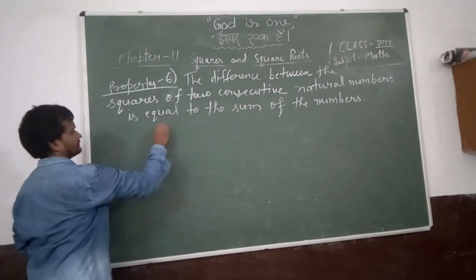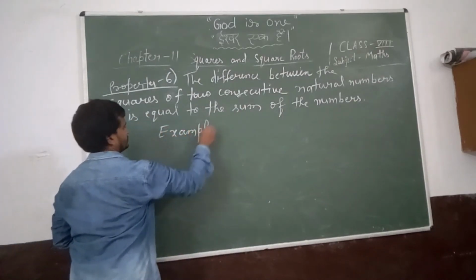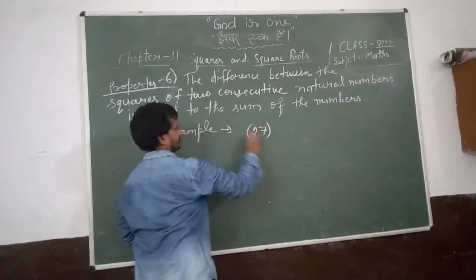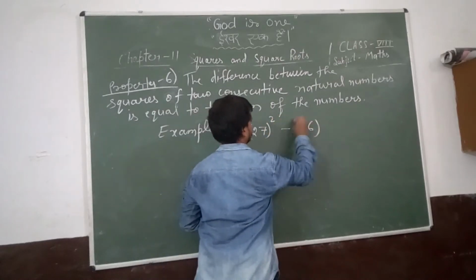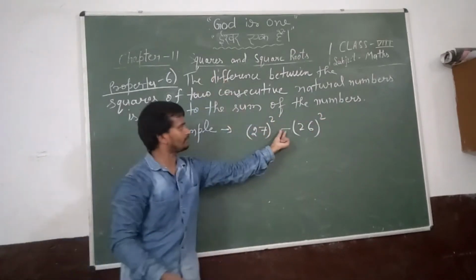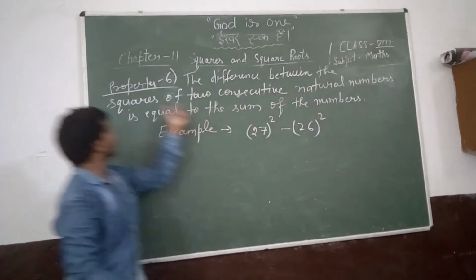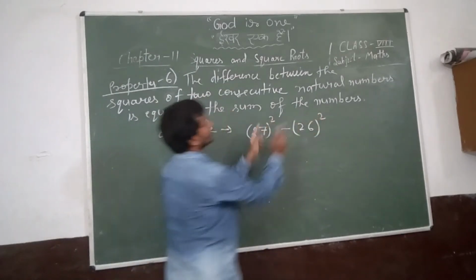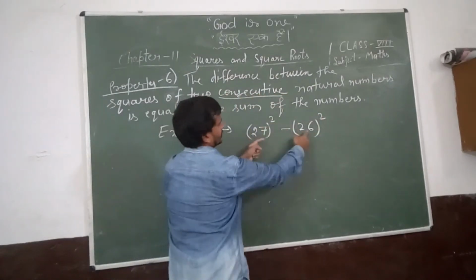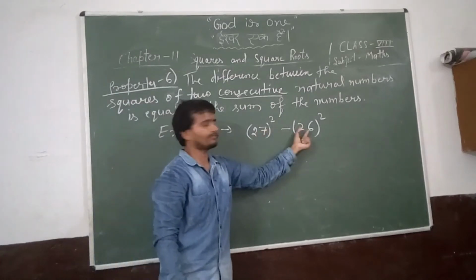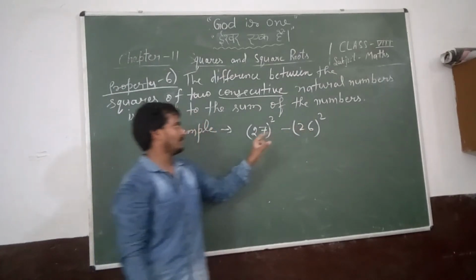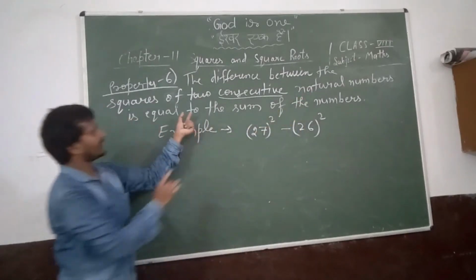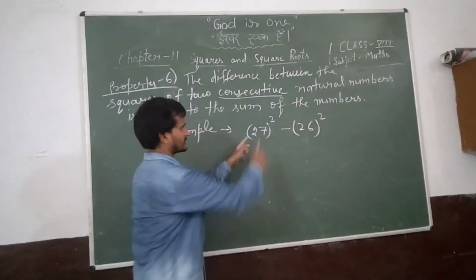For example, the difference between the squares of two consecutive numbers, one just after other. The square of these numbers and their difference is equal to the sum of the numbers.